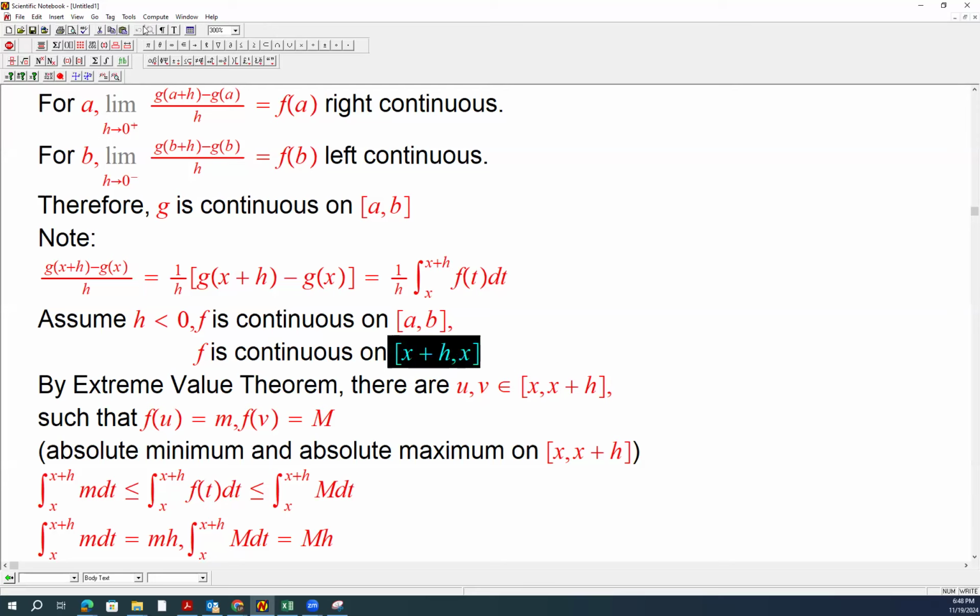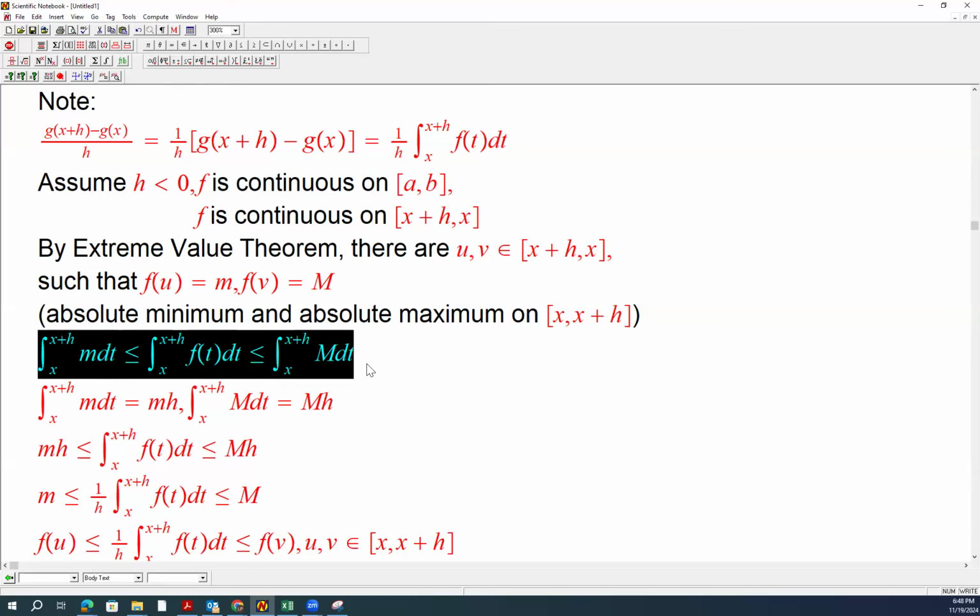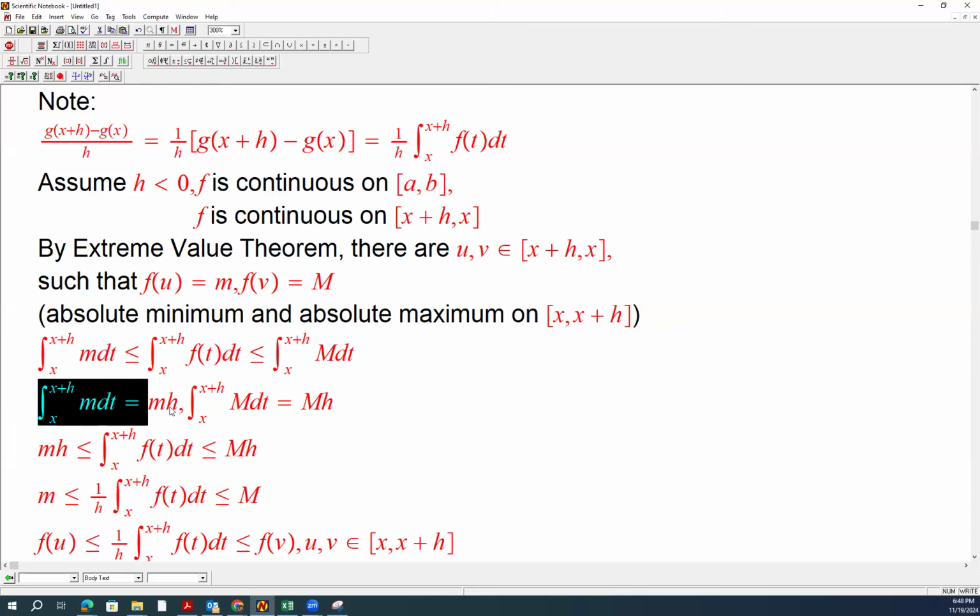So this interval would be X plus H to X. If we arrange it from smaller to larger, the extreme value theorem still applies. So we still have the absolute minimum, absolute maximum, and we still have this same relationship.